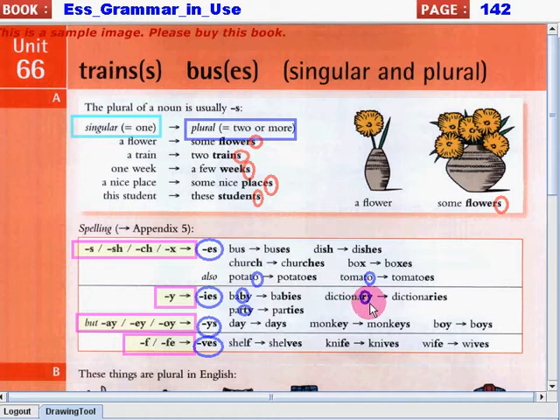Now, if the word ends in Y also, but is preceded by a vowel, for example, A, E, or O, then we have to just add S. That's the difference. Remember that, everybody. And the last one, if our nouns end in F or FE, we have to change F or FE into VES.